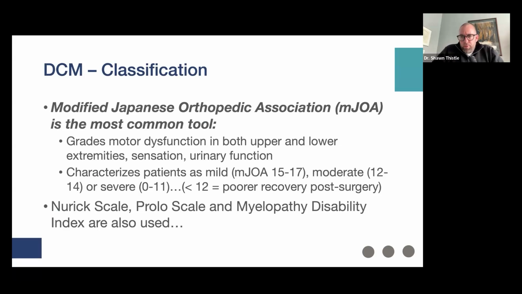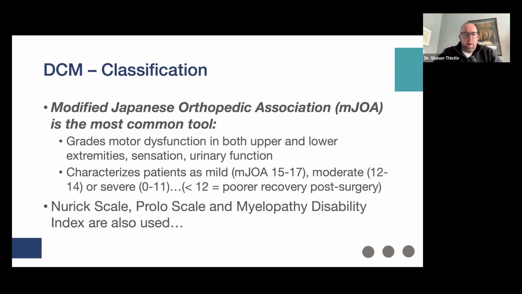There is a tool you can use in your office to score this. It's called the Modified Japanese Orthopedic Association, or the MJOA outcome tool. What I'm going to do for everyone who has a ticket for this, when I send you the slides and the recording early next week, I will include this tool for you so you can keep it in your office. It's a series of questions and signs and symptoms that you put a grade to.